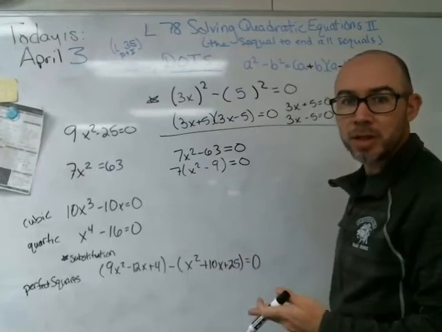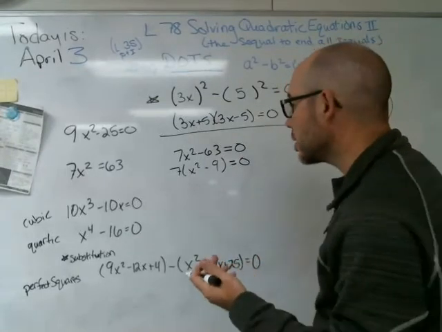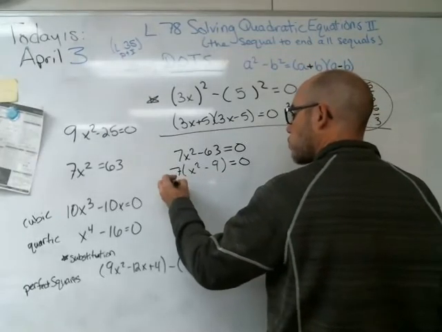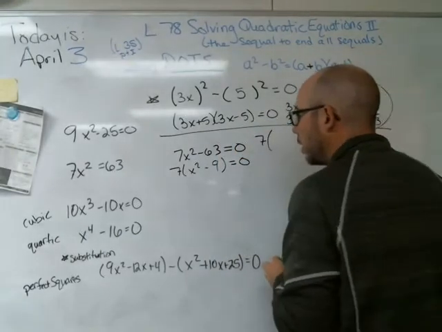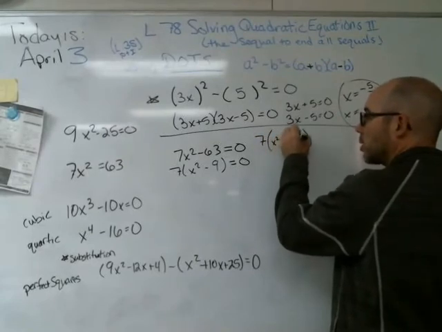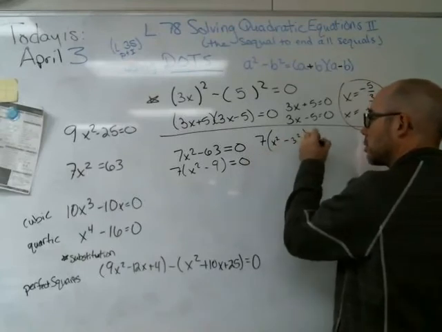The original expression has the same solutions as the expression x squared minus 9. So we've got 7 times, and inside of that, we've got x squared minus 3 squared. The difference of two squares.